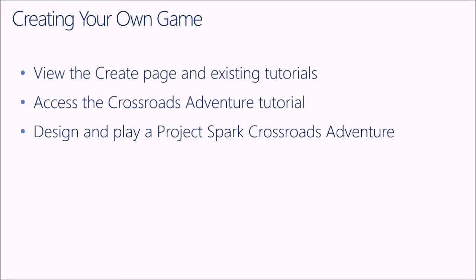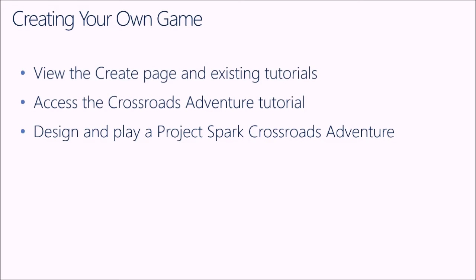So now that we've played a game, I think it would be cool to make our own game, but we don't yet know enough about making games in ProjectSpark to create a whole new world. So a really good place to start is Crossroads. So Crossroads is in the Create page. So you click on the Create tab and you'll see there's a blank empty world you can start with, or tutorials, or the Crossroads adventure.